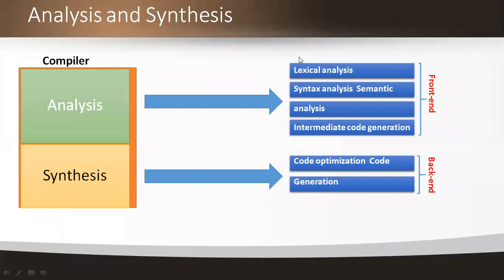The analysis phase generates an intermediate representation of the source program, shown here as intermediate code generation, along with the symbol table, which is fed to the synthesis phase as an input.